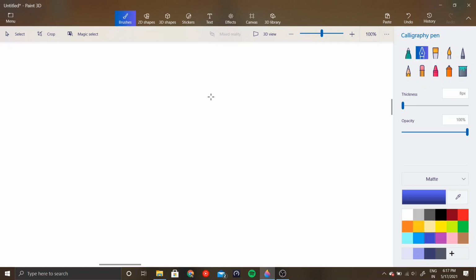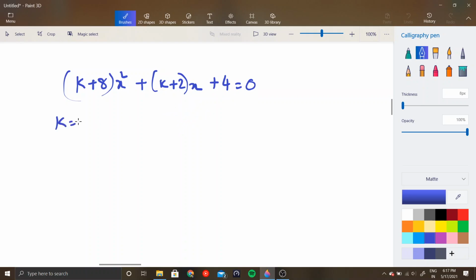So you're given this equation. You're given k plus 8 times x squared plus k plus 2x plus 4 is equal to 0. Now they have asked you to find the value of k such that the equation has real and equal roots, right?